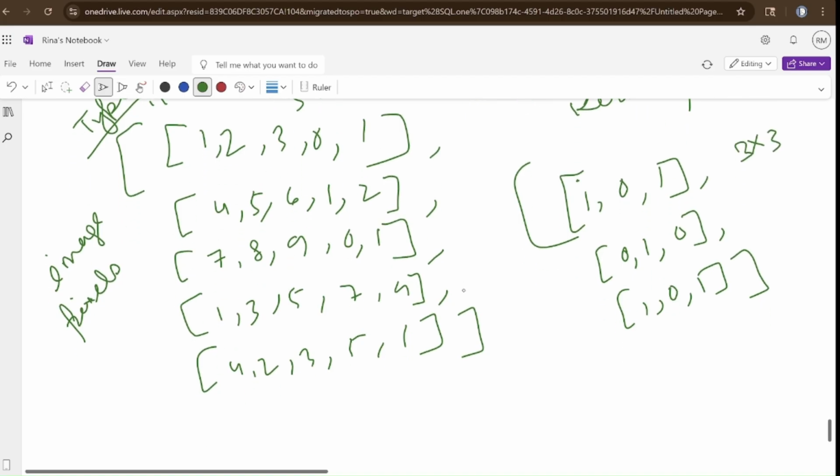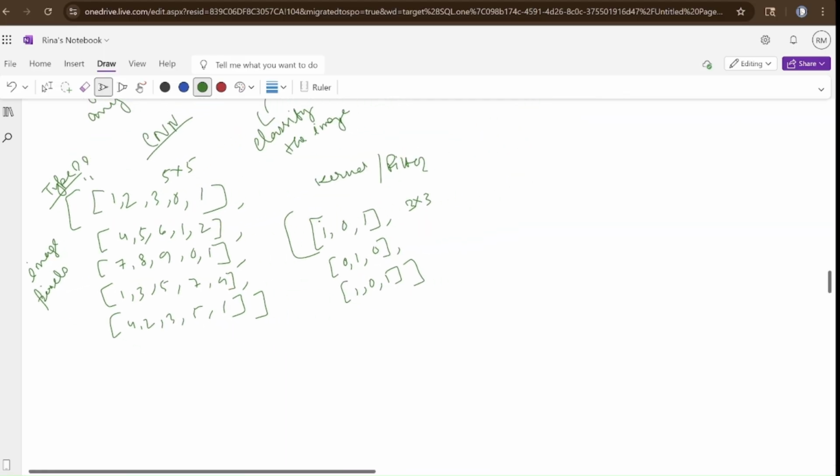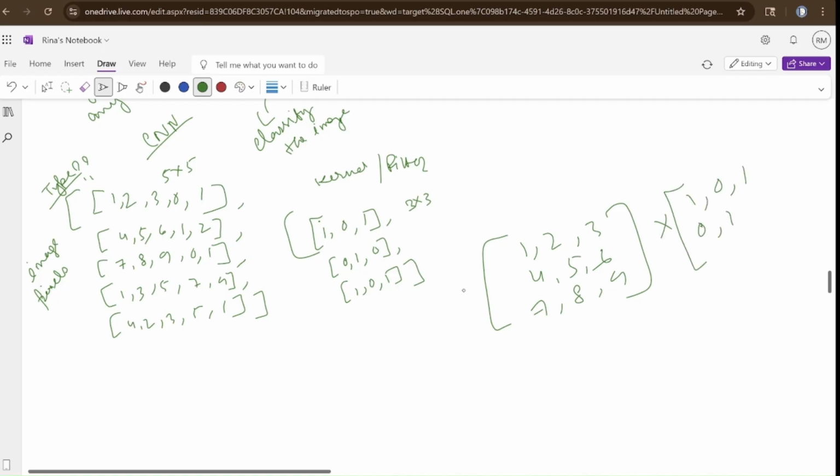Okay. Now what is done? I told you that what we do, we take 1 2 3 4 5 6 7 8 9, and then it is multiplied with the kernel 0 1 0 1 0 1. That means I have taken the first 3 by 3 with the kernel, and then you will get some value.